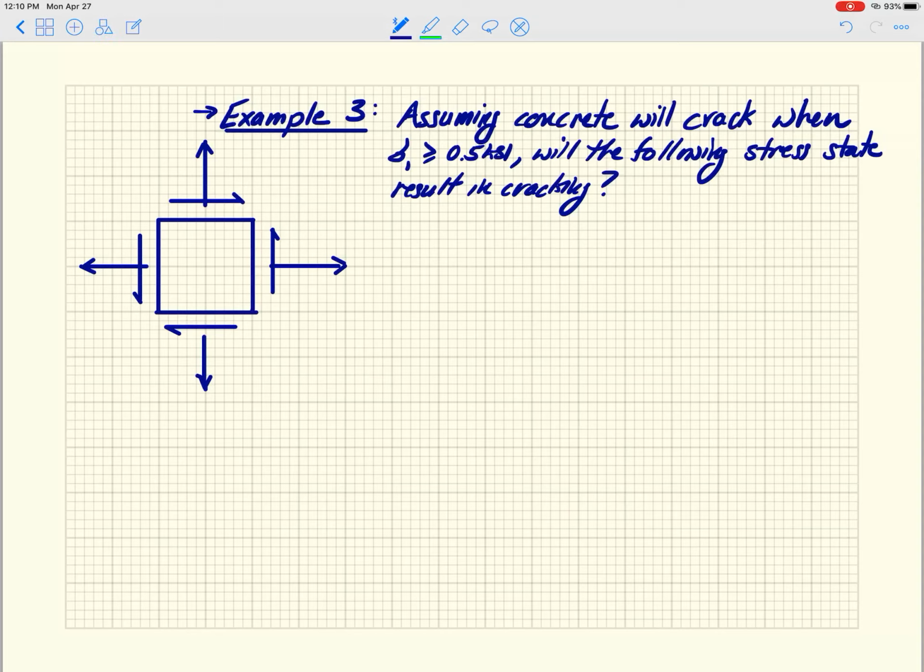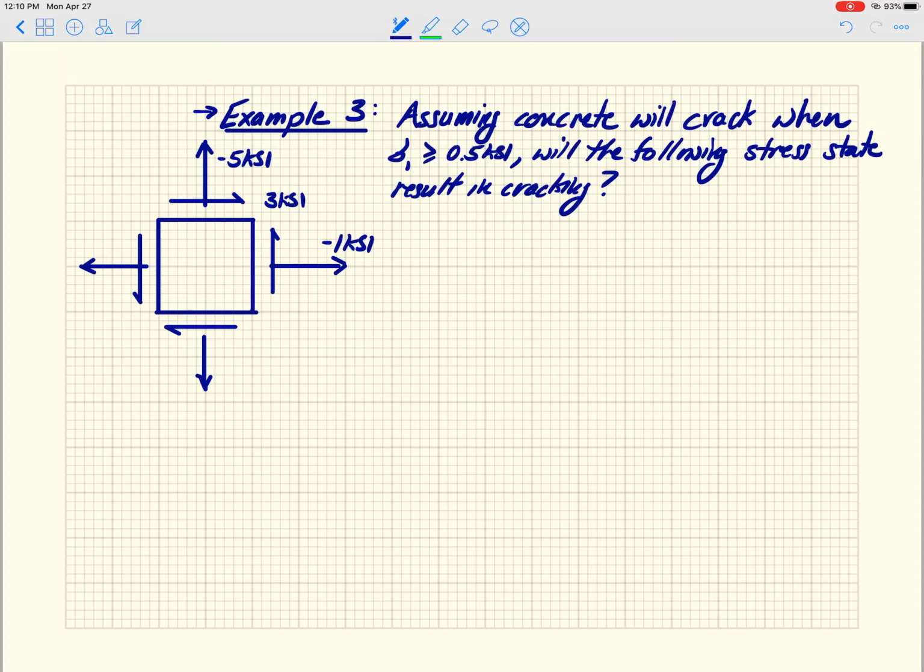So in the sigma xx direction, we have a minus 1 ksi. We have 3 ksi of shear, that's positive. And then we've got a minus 5 ksi of axial force in the sigma yy direction.